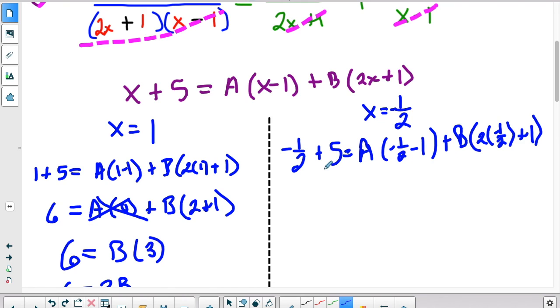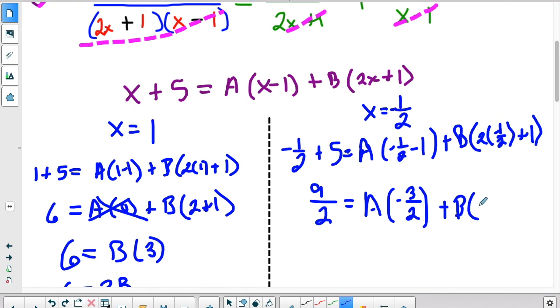If we plug that in, we would get 9/2. I'm going to write it as an improper fraction, a little bit easier to work with. Now negative 1/2 minus 1 is going to be negative 3/2, plus b. Well, 2 times negative 1/2 is going to be negative 1, plus 1.